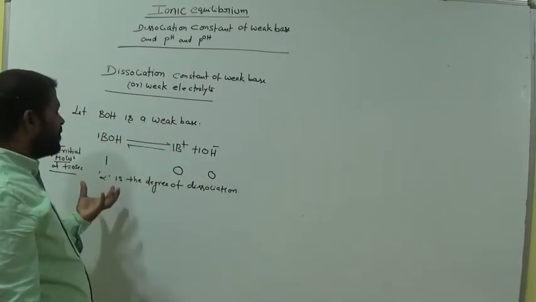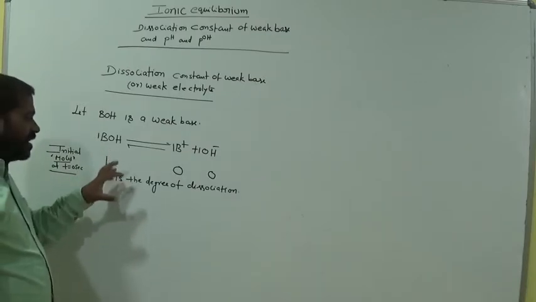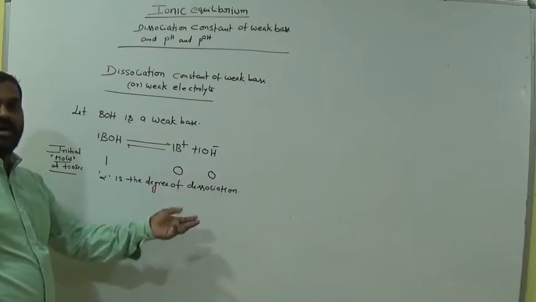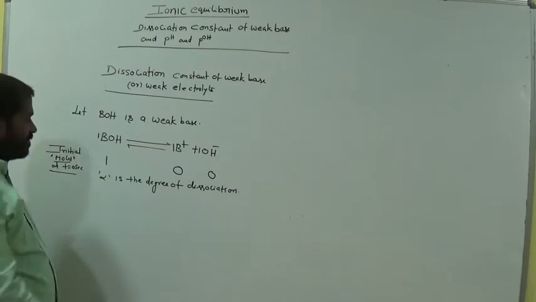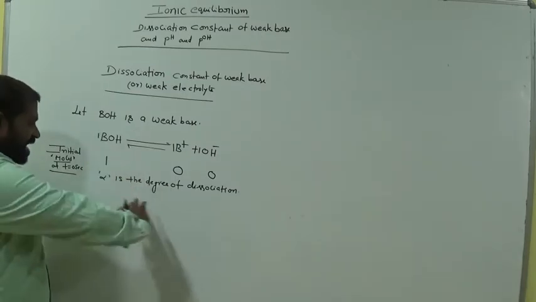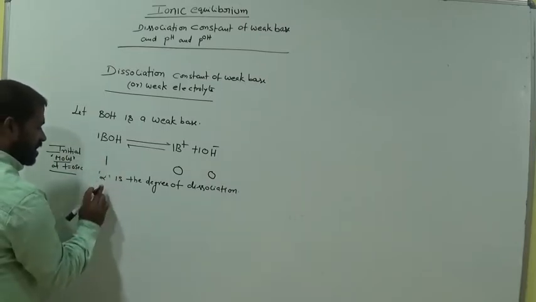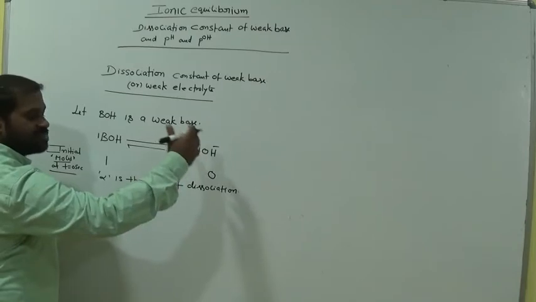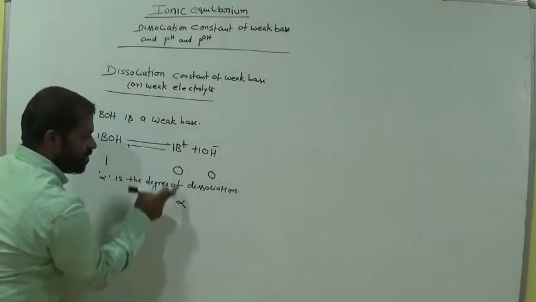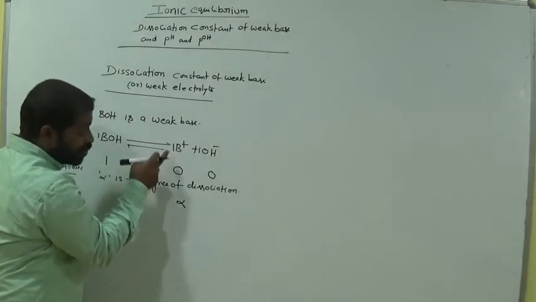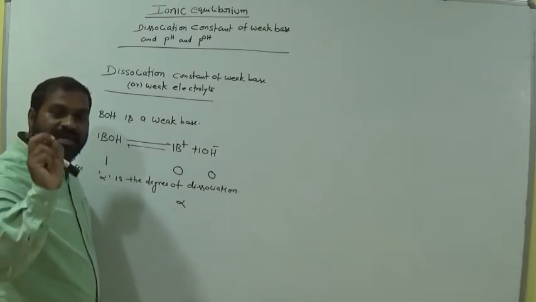Suppose alpha is the degree of dissociation, then 1 minus alpha remains. Alpha molecules are converted to product. The number of molecules decreases on the reactant side and increases on the product side. So alpha molecules undergo dissociation, and moles formed are 1 into alpha. Suppose it is 2, then 2 into alpha; suppose 3, then 3 into alpha. Remember this point, very important for calculation.